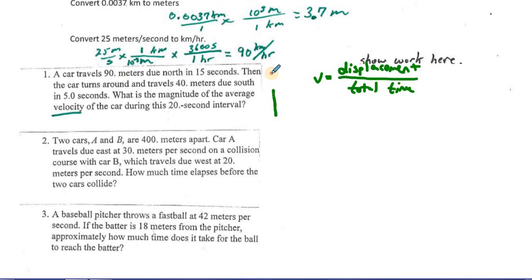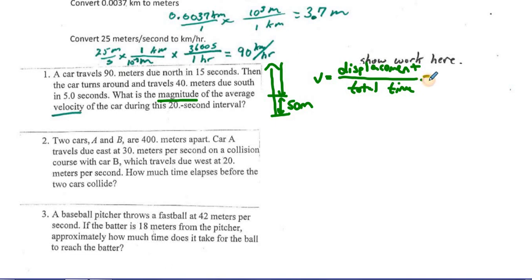So we're traveling 90 meters north, then we're turning around and traveling 40 meters back the other way. So the displacement is your change in position. You go 90 up, you go 40 back, so you're left with 50 meters. And it's 50 meters north, but once again, we're just talking about the magnitude of the velocity, so we're not concerned about the direction.